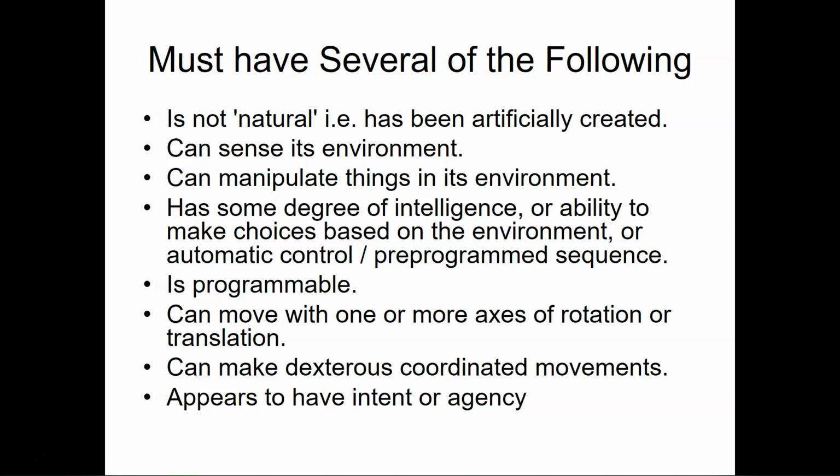And it can appear to have intent. It cannot truly have intent because it is a machine. And that would be like saying your car has intent. I would hope it does not. If your car is that sentient, then you might want to consider other options for a vehicle. Because if that car ever decides it doesn't want to be driven, then you're going to have an issue with it. I'm just saying.